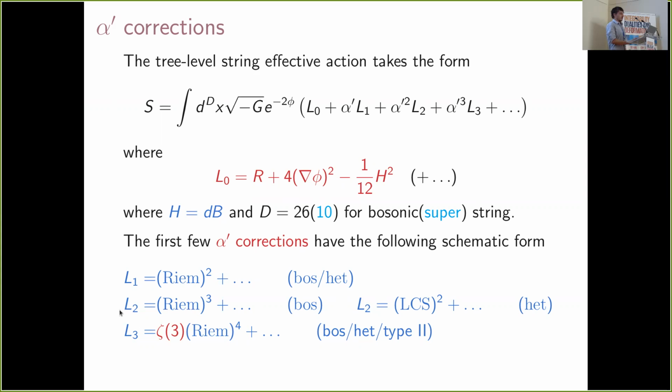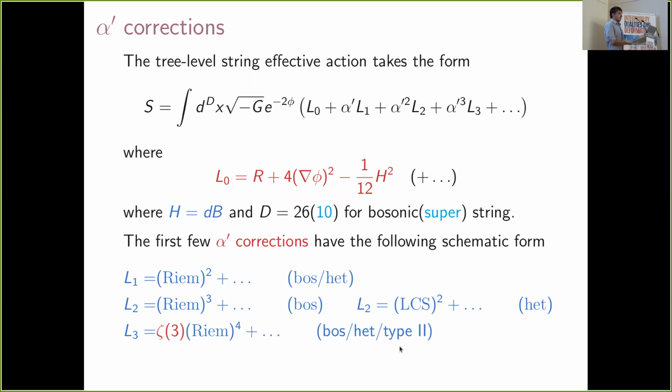Then there are also other terms which involve in particular the H field. And then what's most interesting for this talk is the correction at third order in alpha prime. And it involves, not too surprisingly, the Riemann tensor to the fourth power. And this correction is present for all the string theories.